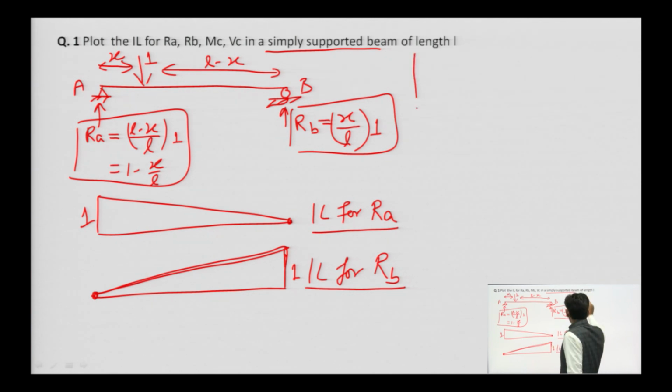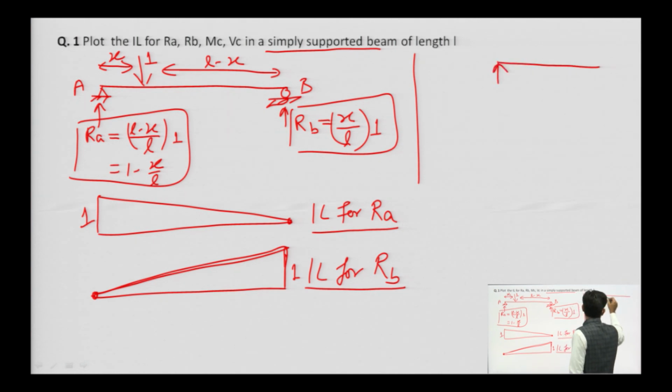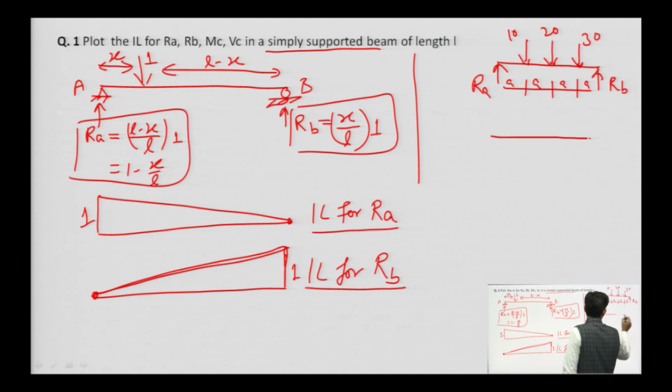Say, let me show, if I have this beam, say 10 kilonewton load, say 20 kilonewton load, say 30 kilonewton load at certain distance, say A. Say this is RA, this is RB. And we need to find the value of RA through influence lines, not by static equilibrium.